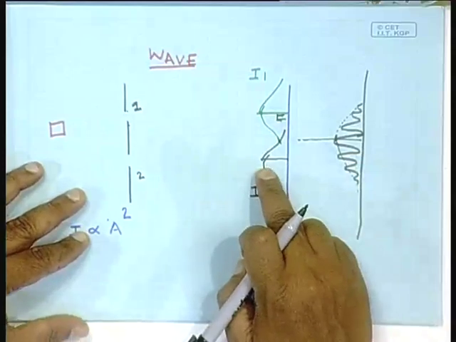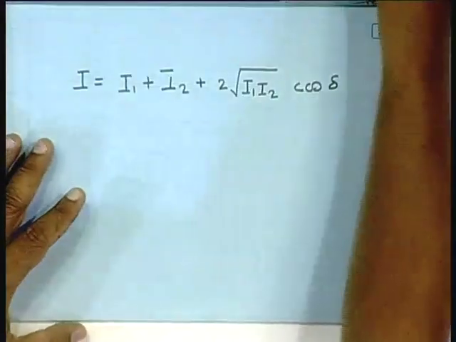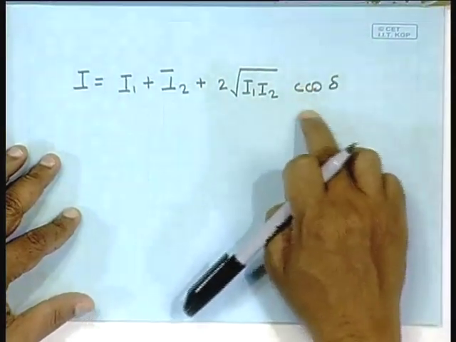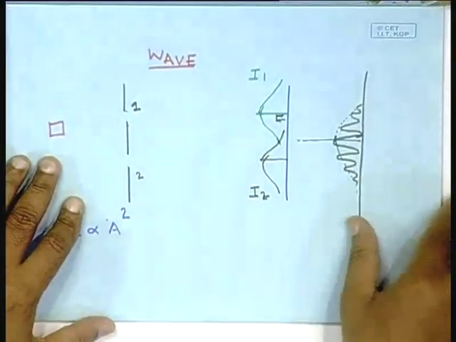It is this cosine term which gives rise to this pattern. At the points where the intensity falls below the sum, the two waves which arrive from the two slits are going to be out of phase.